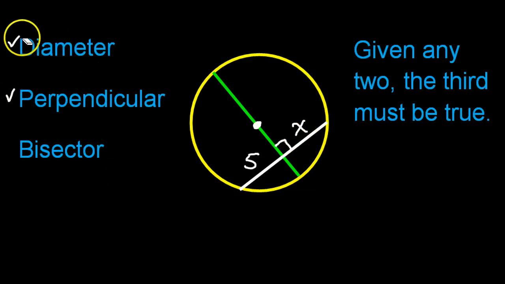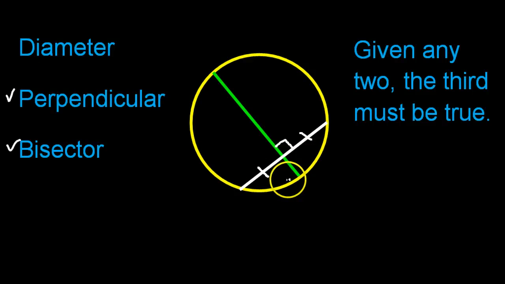Similarly, if I told you that this green chord was a perpendicular bisector, I would give you perpendicular by putting a little 90-degree box right here. I could give you bisector either by marking these the same or putting equal numbers here and here.